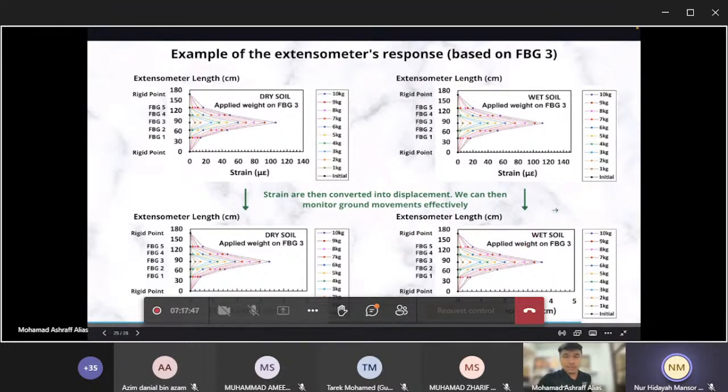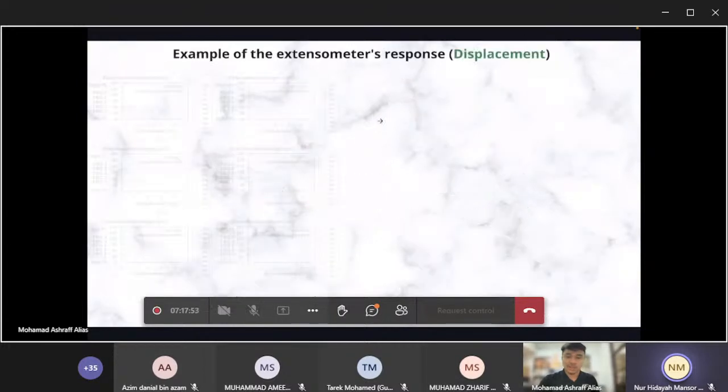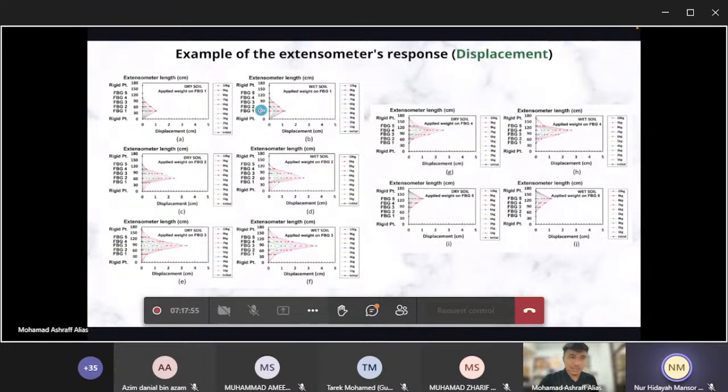If we apply weight on top of each FBG location, the graph would look more or less like this. This side is the dry soil and this is the wet soil. For FBG1, if the weight is applied on top of FBG1, FBG4 and FBG5 have no responses.